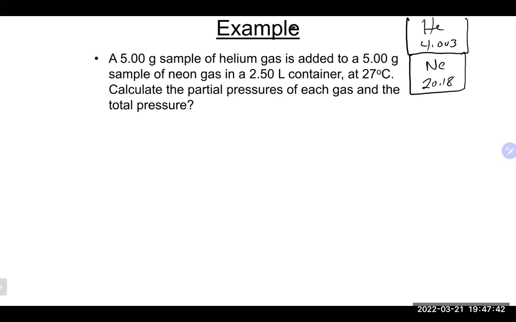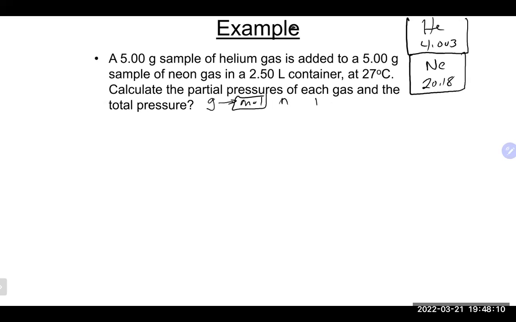Okay, so let's see how we're doing. In this case, we have both helium and neon flying around the same container, so that tells us we have a mixture of gases and some partial pressures happening. If you're not sure where to start, we have grams, which is not useful in a lot of gas laws, but we know we can take grams to moles, which is useful in a gas law, and that's n.